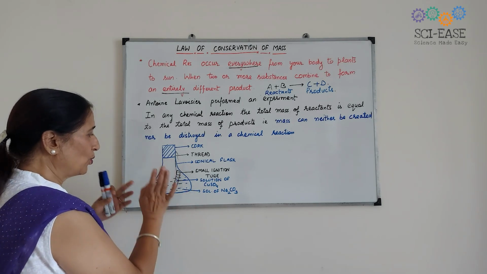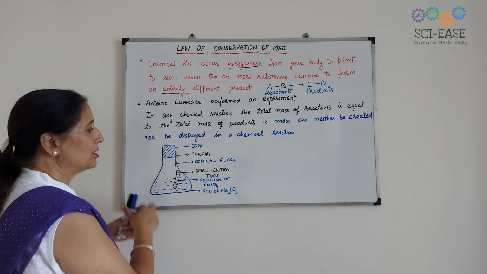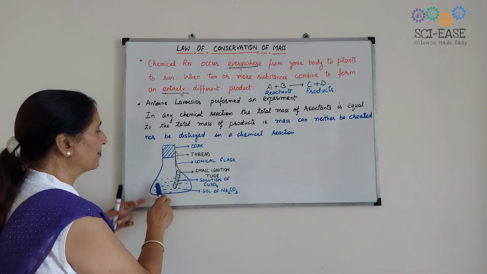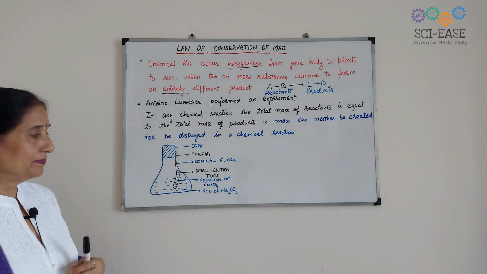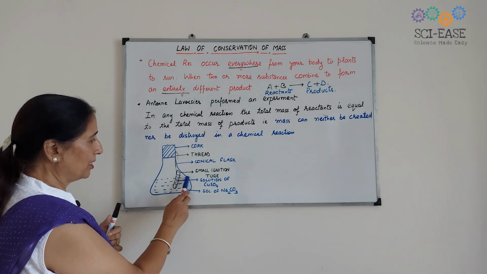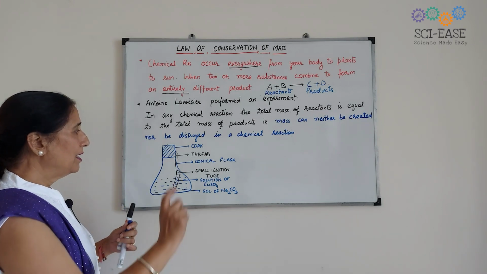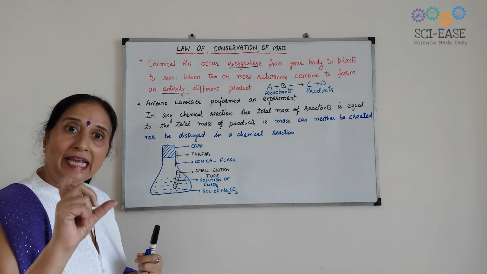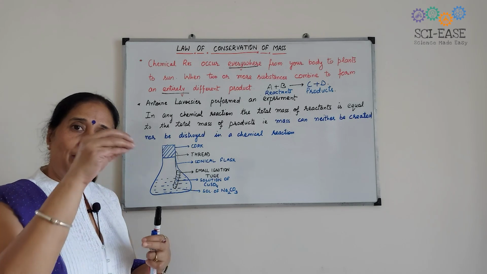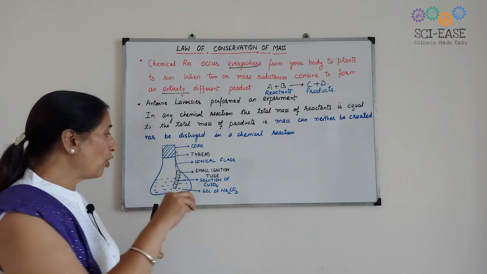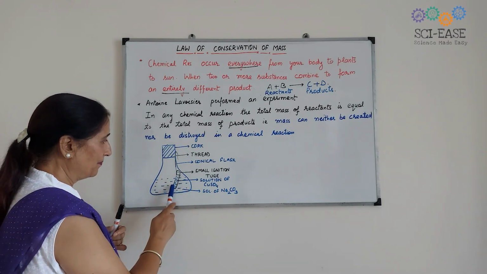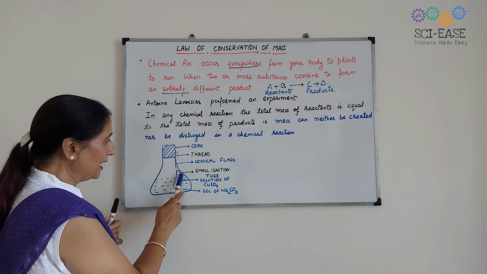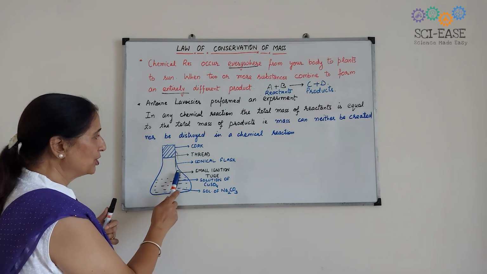Now, he took this conical flask and put the 5% solution of sodium carbonate in it. This is the solution of sodium carbonate. Then, he took one ignition tube, put the 5% solution of copper sulfate in it, and tied a thread around this ignition tube.